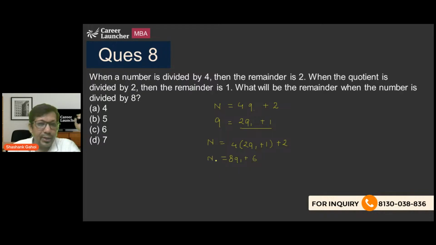So the number, if the number is being divided by 8, what is the remainder we are going to get? 6. So what should be the answer of this question? That's going to be option C, that is going to be 6. So these kind of questions can be dealt in this way. So I hope everyone is clear.